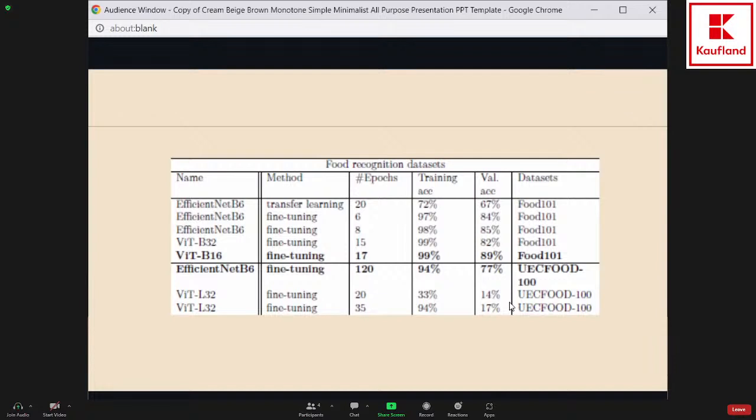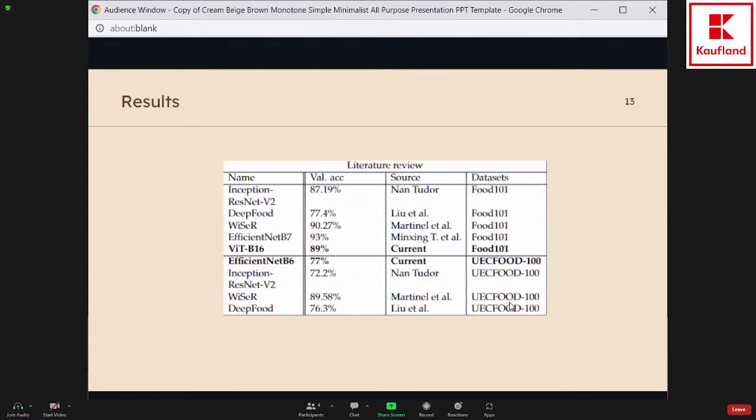Now, if you compare with the literature review, the first one is an Inception ResNet done by a fellow UBB student, which obtained like 87% validation. The bold one is this approach. I didn't include the best one, it's just mine. Other approaches like DeepFood, which is a custom CNN, again obtained good results, but transformers beat this result.